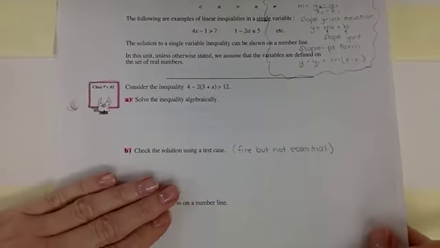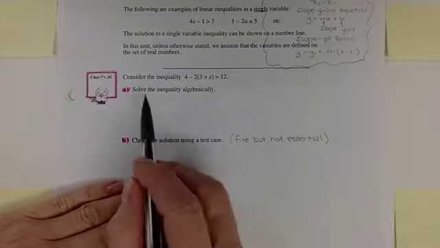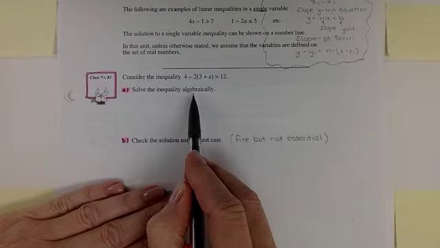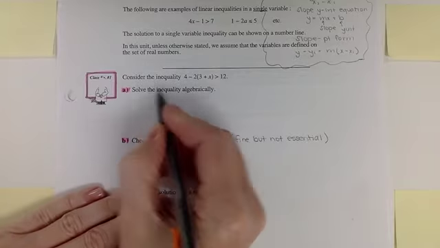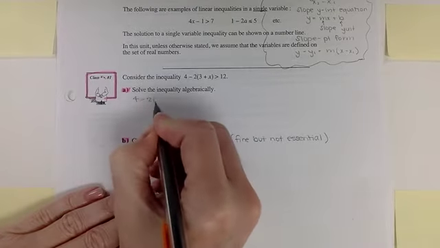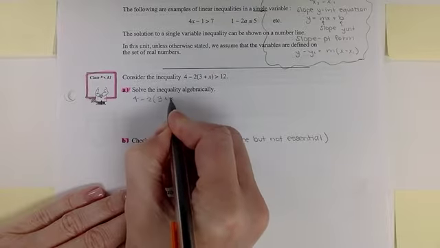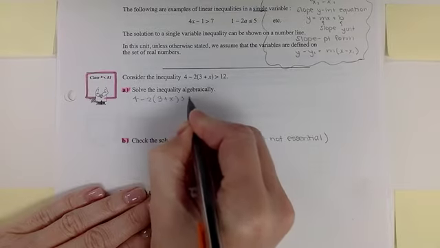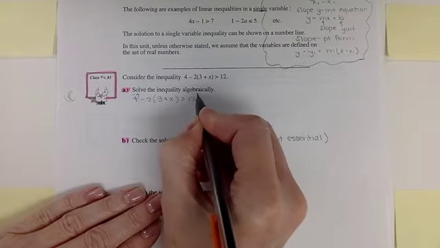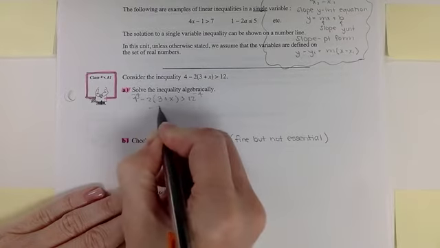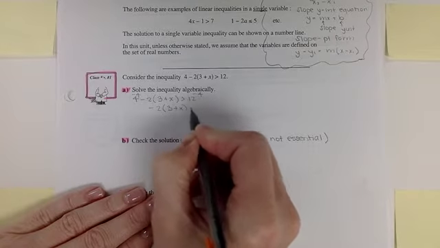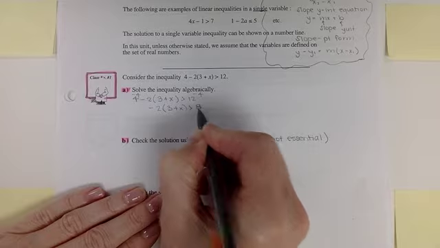Okay, example number 1. Consider the inequality, and now we'll solve algebraically. So I am going to rewrite, I guess, 4 minus 2 bracket 3 plus x, end of bracket, greater than 12, and now I'm going to move the 4, take away 4, take away 4, negative 2 bracket 3 plus x, end of bracket is greater than 8.